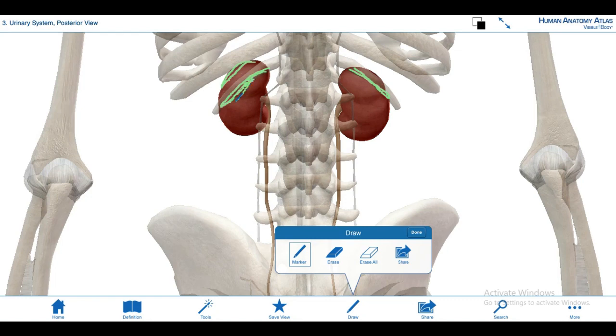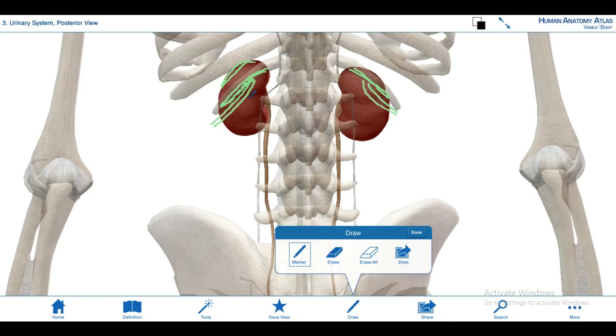Here one subcostal nerve and subcostal vessel is present, and on this side also the subcostal nerve and subcostal vessel.